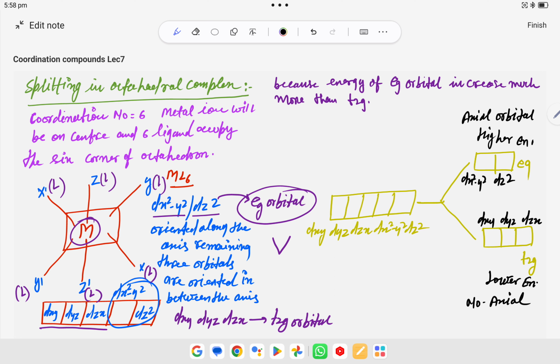Okay, so that is the condition. So what is the diagram for this? Let us check it. I'm erasing it actually now.